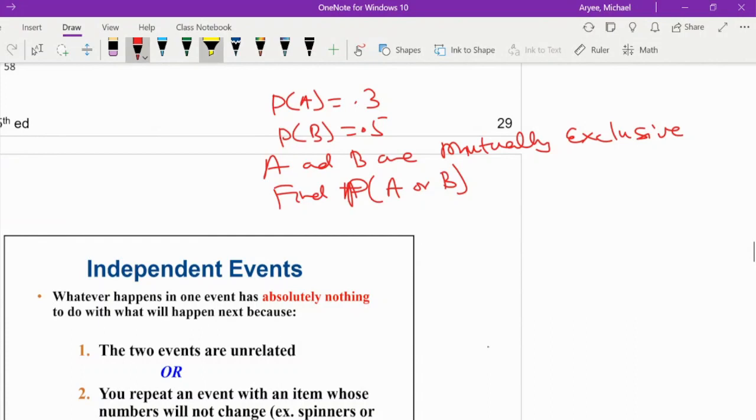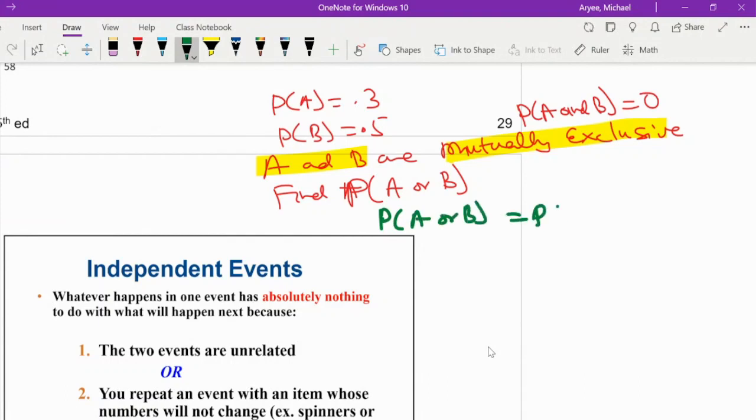Now, because they are mutually exclusive, it means that P of A and B is 0. So when they say find P of A or B, you're going to say P of A or B would just be P of A plus P of B. When we do minus P of A and B, this side is 0, minus 0.